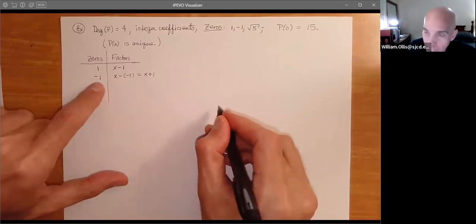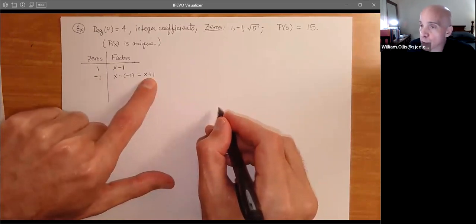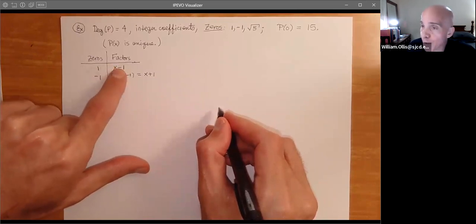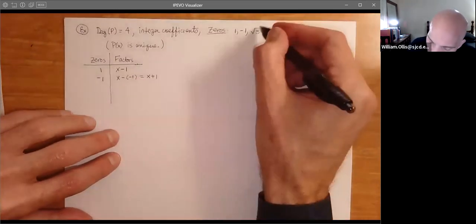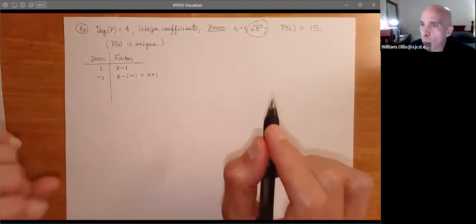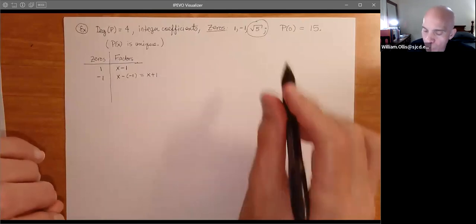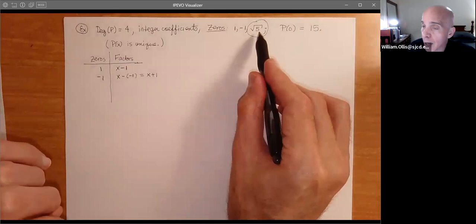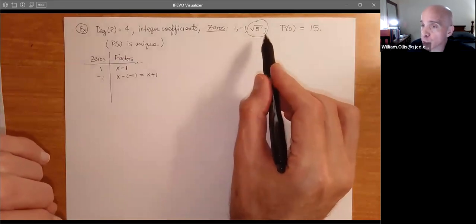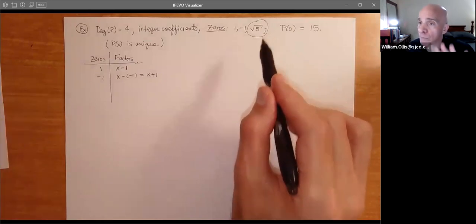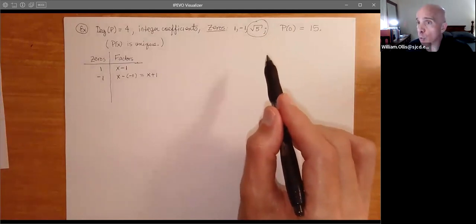So if we have a 0 of -1, we must have that factor to annihilate the polynomial. If we have a 0 of 1, we must have this factor to annihilate. Now, the square root of 5, we can remedy with a quadratic factor. We can't say that the 0 is this and stay within the constraints of the degree 4 and the integer coefficients.